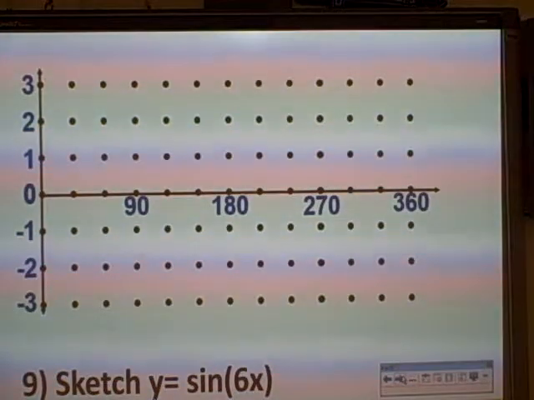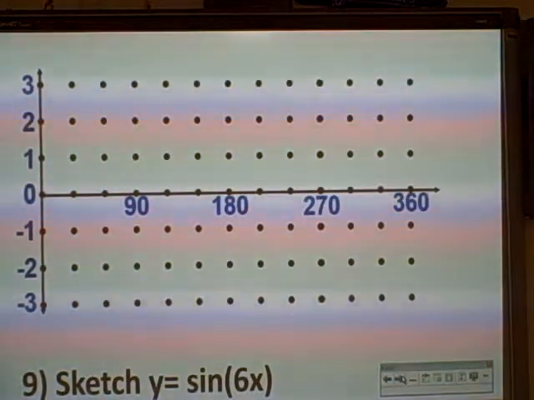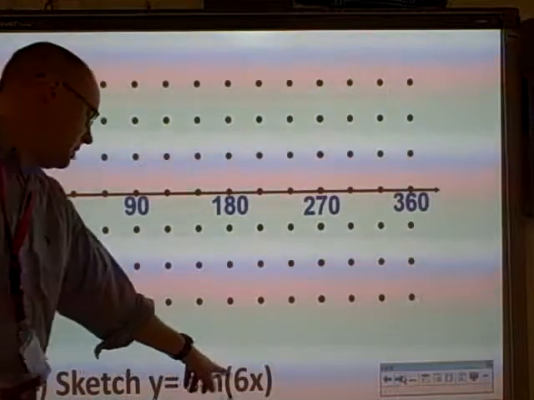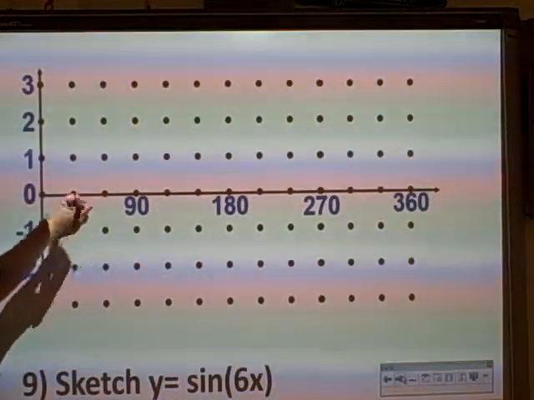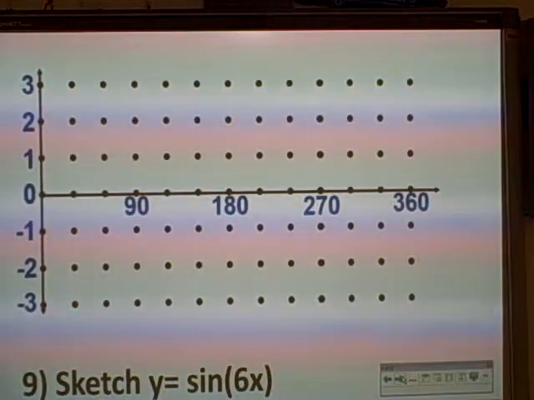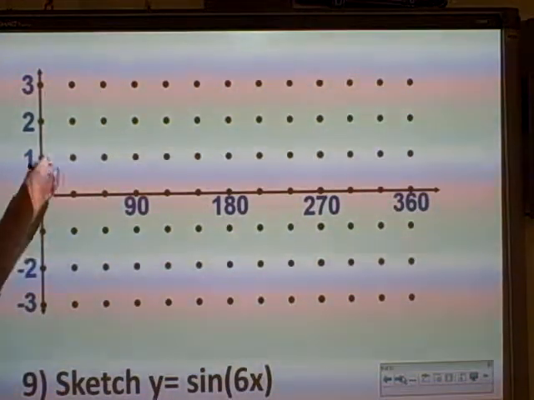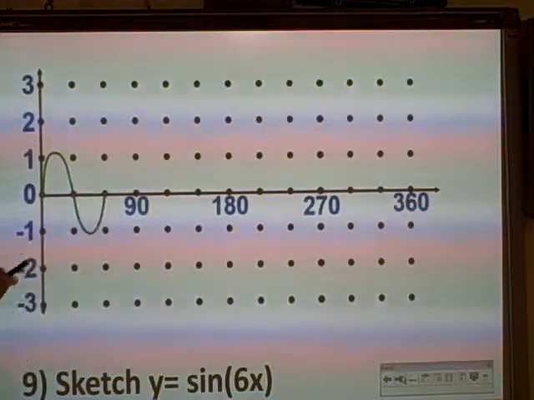Sine 6x, that means I'm going to fit 6 graphs in. So normally this repeats over 360. So 360 divided by 6 means actually it's going to repeat every 60 degrees, which means that it's going to do half the graph in 30 degrees. So actually my graph's going to look like that.